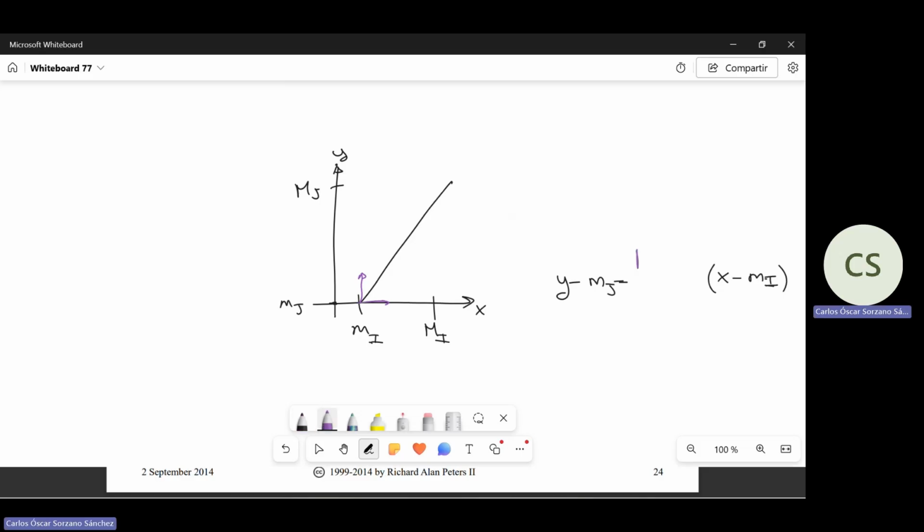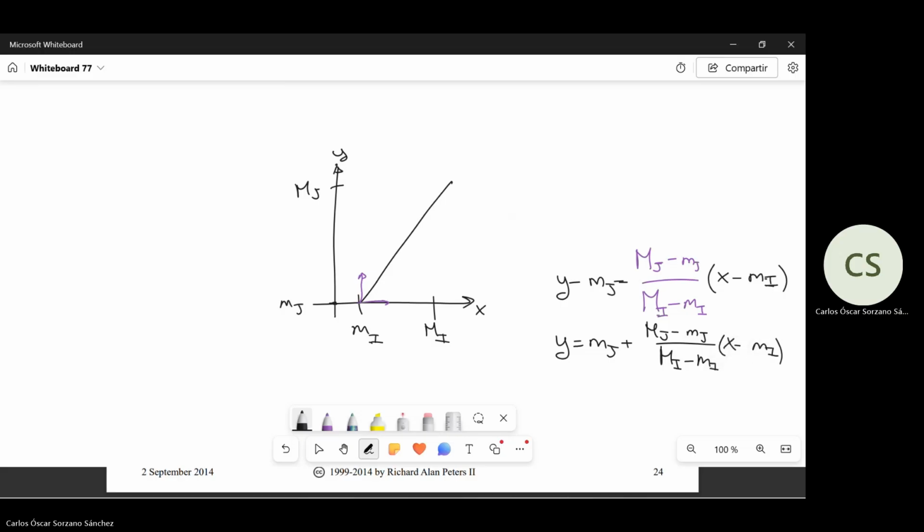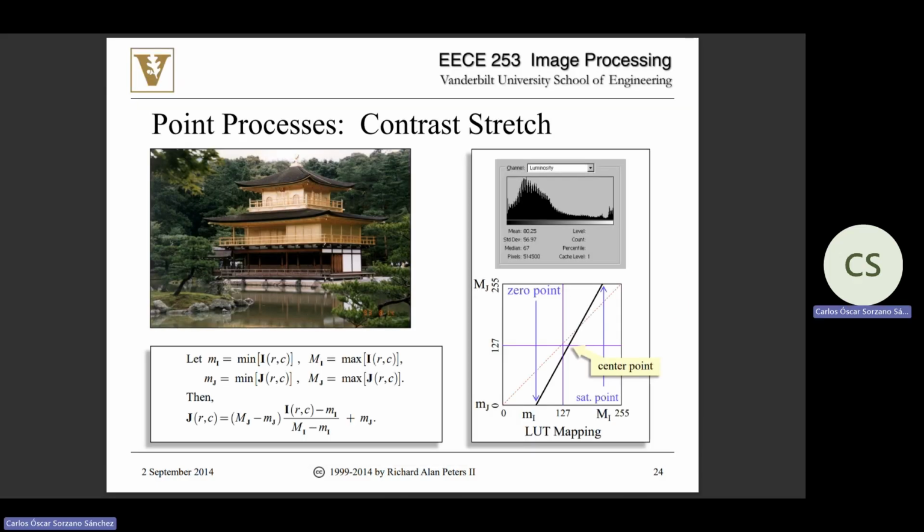The slope is max J minus min J divided by max I minus min I. And then you can rewrite it: J is min J plus, and then this thing. This is what is in the slide.